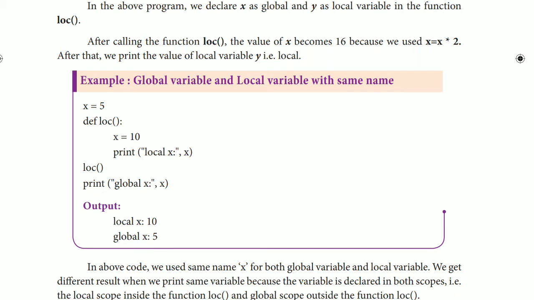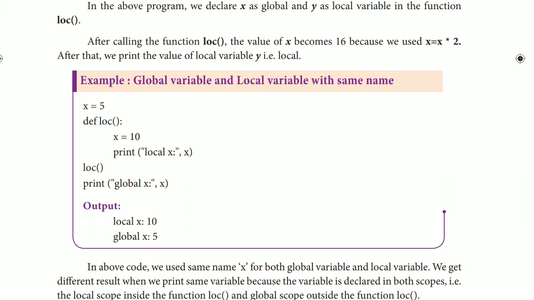Now here you can see print local x, and outside the function you can see print global x. So the first print shows the local variable, and the second print shows the global variable.